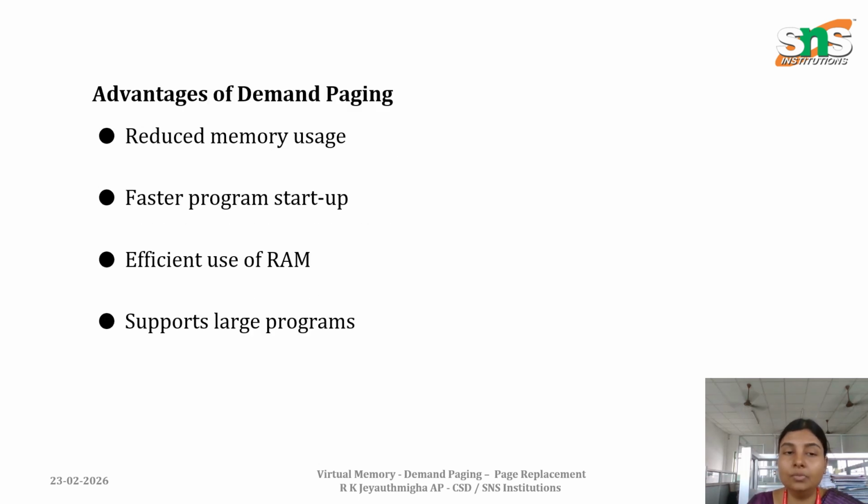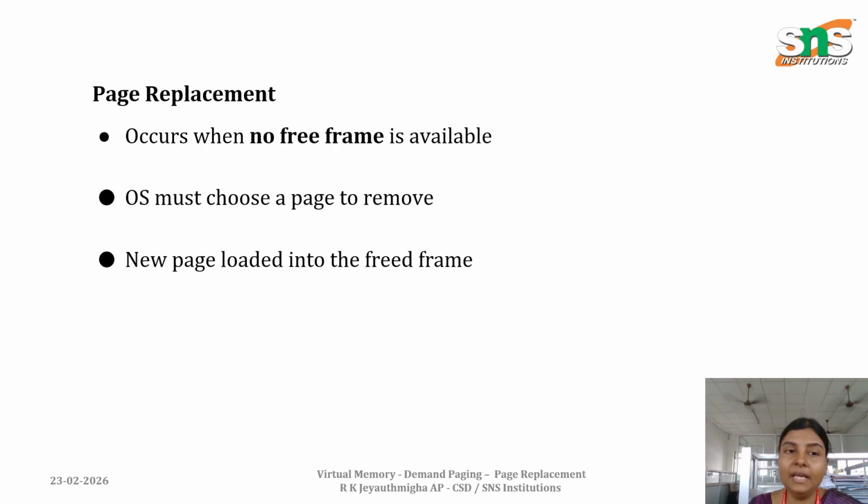Let us discuss the advantages of demand paging. The advantages are reduced memory usage, faster program startup, and efficient use of RAM. It supports large programs. Page replacement occurs when no free frame is available.